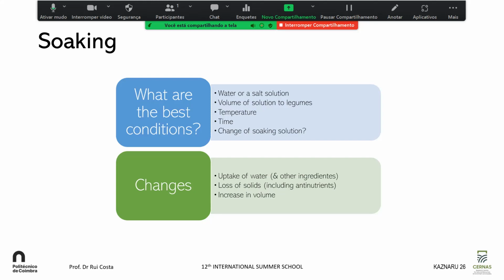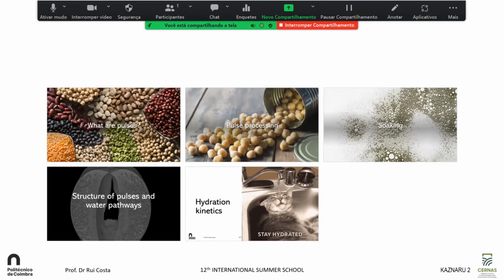This loss of solids may be good if anti-nutrients are being lost to the solution, but maybe other nutrients can also be lost to the solution, which is not good. And as you can see with the naked eye, there is an increase of volume, which is clearly visible and related to the uptake of water.